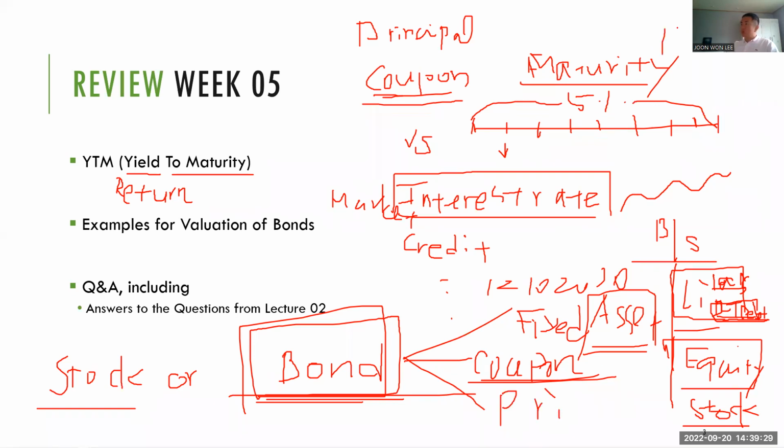If the principal is 100, then every year you receive $5 of coupon payment. Once the bond matures, you receive the $100 principal back and the last coupon payment of $5, so at maturity you have a cash flow of 105. That is the primary feature of a bond.